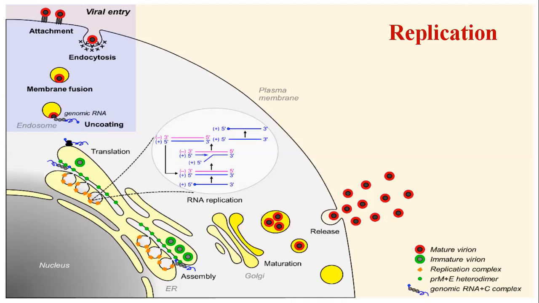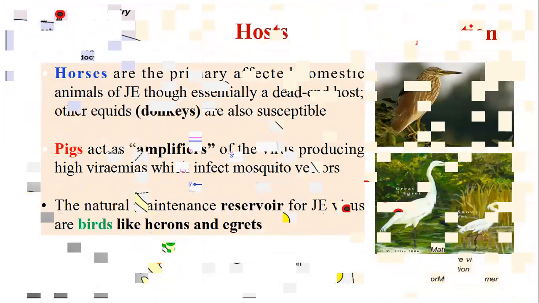After translation, they go for assembly and maturation in association with the endoplasmic reticulum and Golgi apparatus. After maturation, they come out from the infected animal cell by the process known as budding. So this is the overall replication cycle of Japanese encephalitis virus.